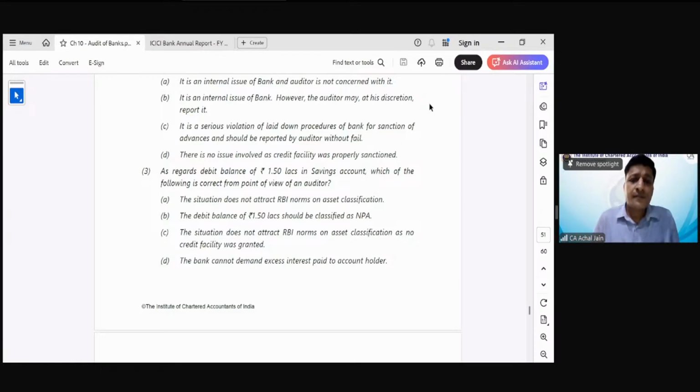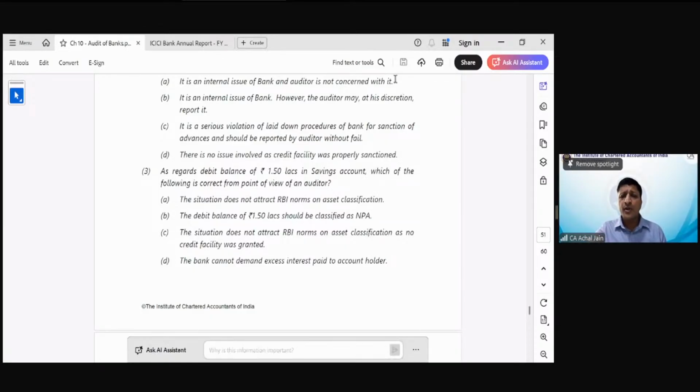So now in this case, the options are: the situation doesn't attract RBI norms on asset classification; this debit balance of 1.5 lakhs should be NPA; third, the situation doesn't attract RBI norms on asset classification as no credit facility was granted. So I think A and C are same. Fourth, bank cannot demand excess interest paid to the account holder. I think once again, if you think about it logically, you'll get the answer.